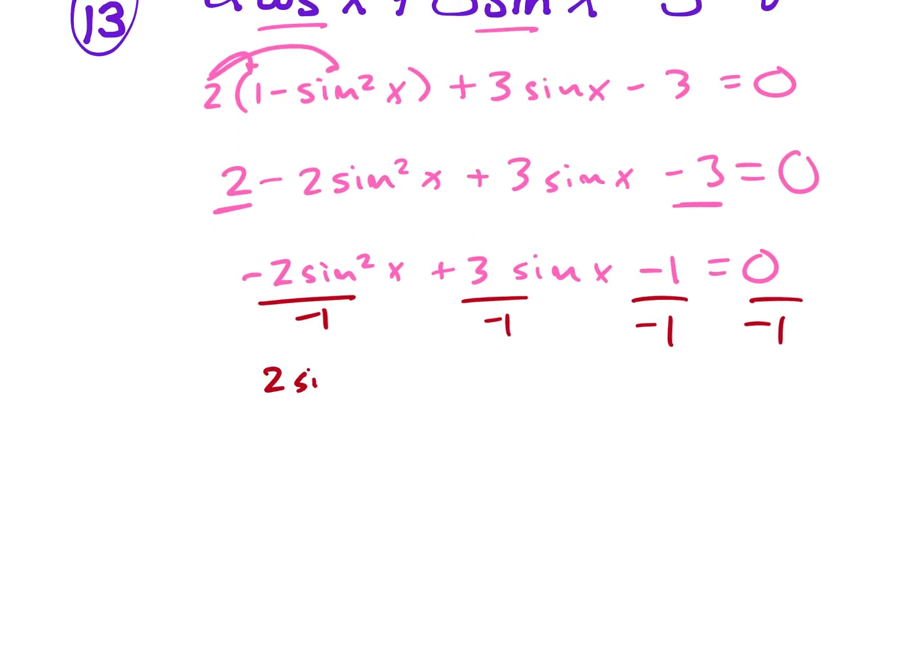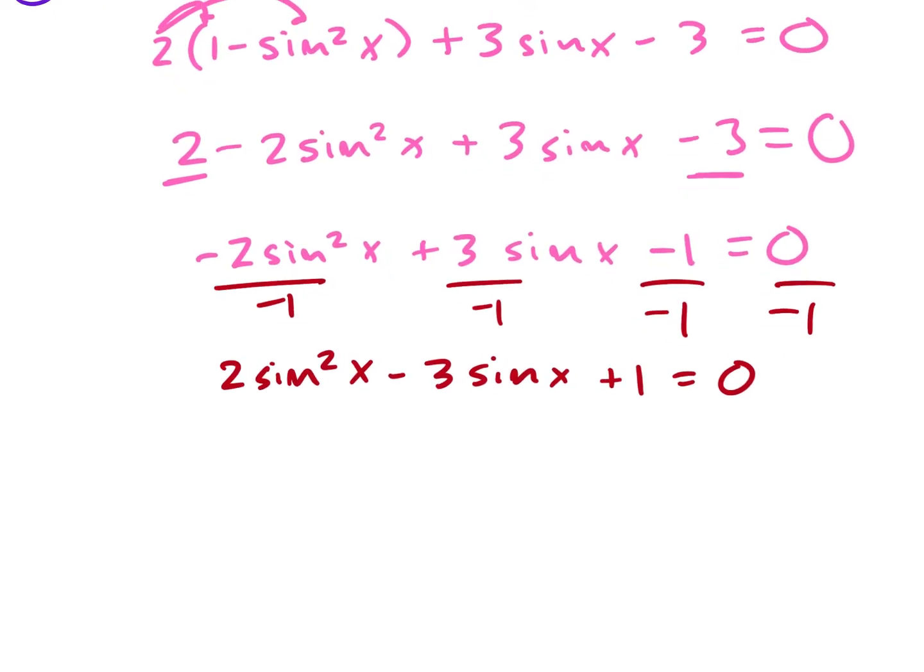So this is 2 sine squared minus 3 sine plus 1. So just change the sign of everything. I like it a little bit better when my sine squared is positive, so just take out a negative. You could still do it with the negative, yes, but you just have to be careful with your signs if you do that, because then you would have to divide by -2. So you just have to be careful.